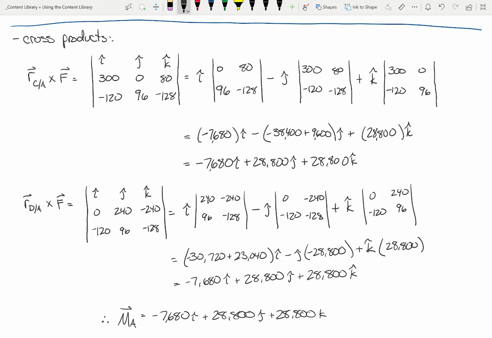Now, for those of you with a physics background, I will tell you that it is customary when expressing units of moment to leave it in product form. Okay, in other words, Newton meters.